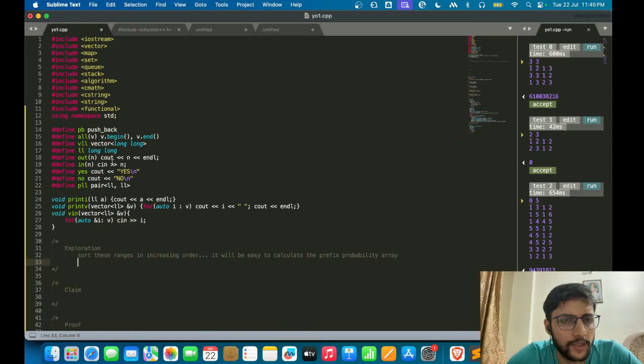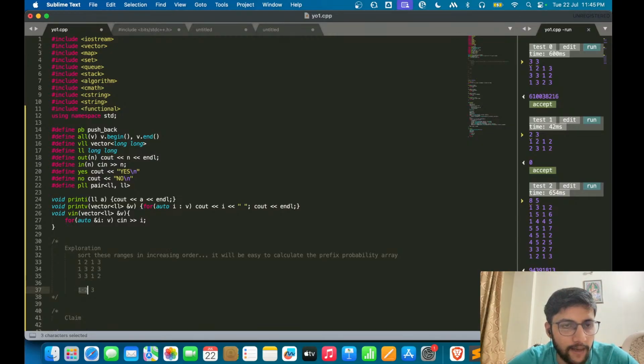So this is 1 2, 1 3, then 1 3, 2 3, then 3 3, 1 2. If you see here, 1, 2, 3 are the cells I have. When I'm choosing the first range, my probability of taking that is 1 by 3.